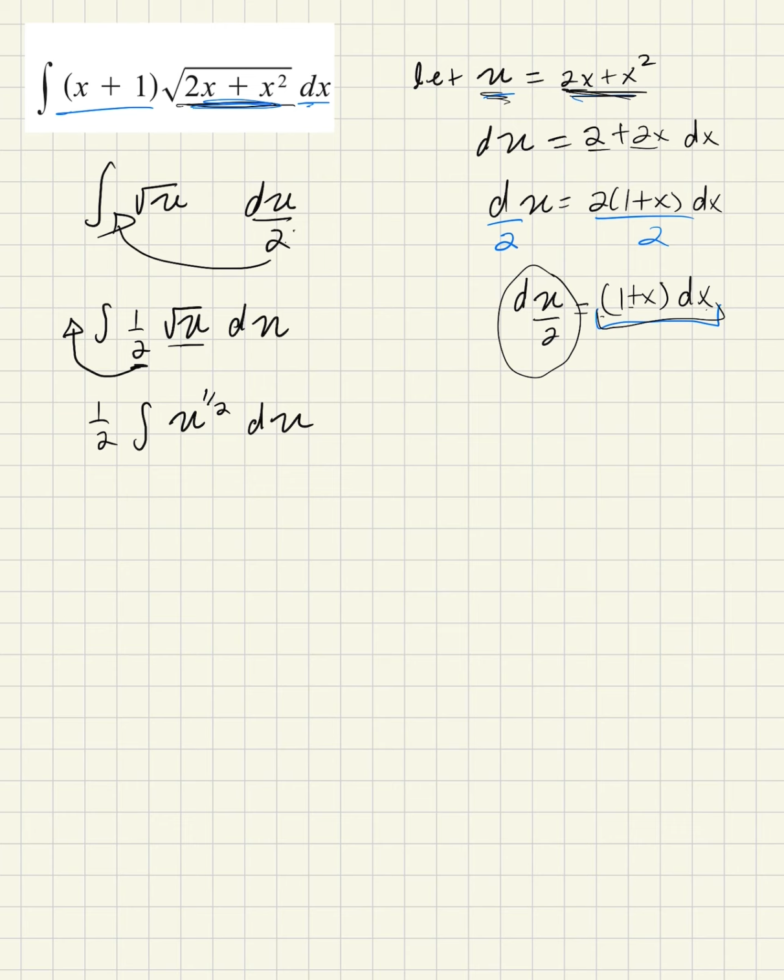Now I can take the antiderivative of this. So I'm going to add 1 to the exponent. In this case, 1/2 plus 1, I need the common denominator, so multiply by 2. So that's 1/2 plus 2 over 2, which is equal to 3 over 2, okay?